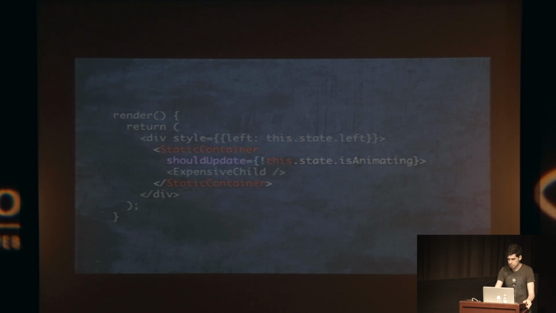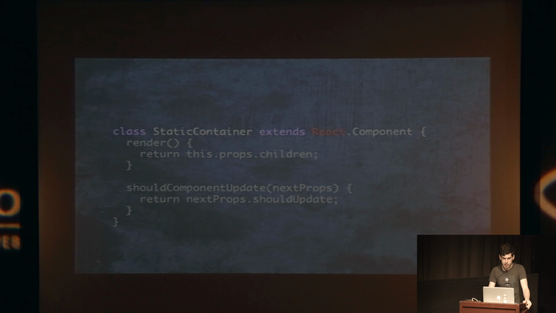And the way to implement this is fairly trivial. You just create a React component, forward all the children that have been passed, and then in shouldComponentUpdate, you just give the shouldUpdate prop. And so using this technique, you're able to control when the child component gets re-rendered.